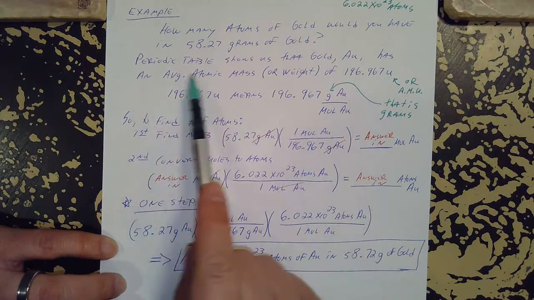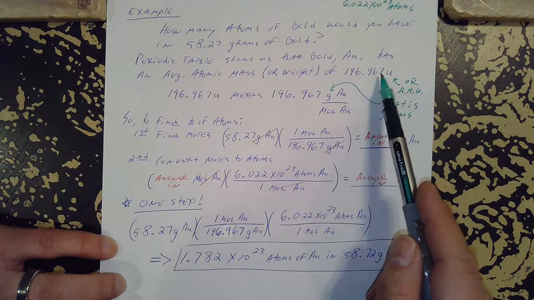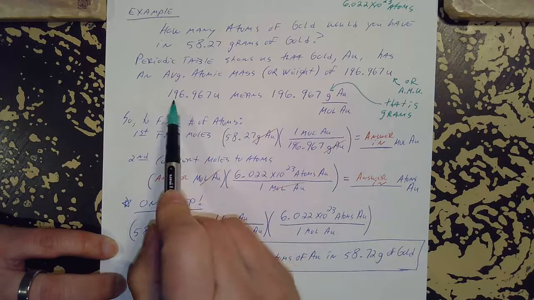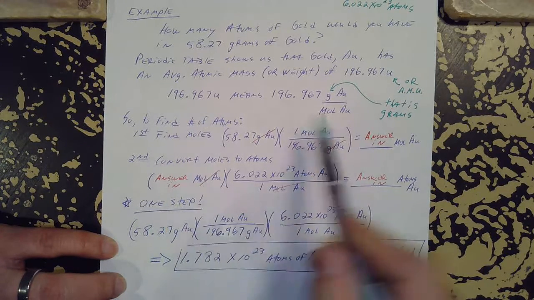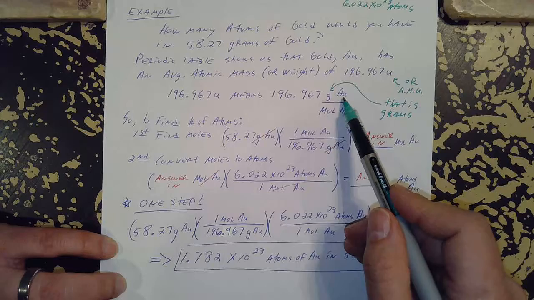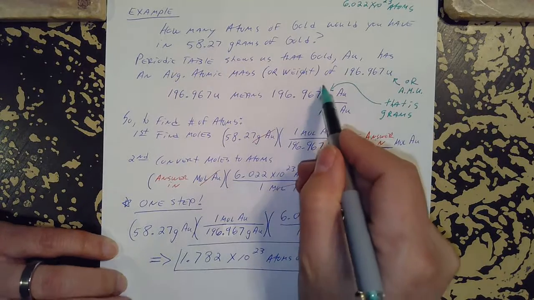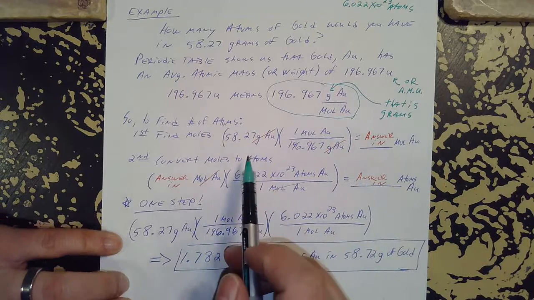It has an average atomic mass or weight of 196.967 U, or atomic mass units. What this means is that we have 196.967 grams of gold per mole of gold. That's really what it means, from the periodic table.